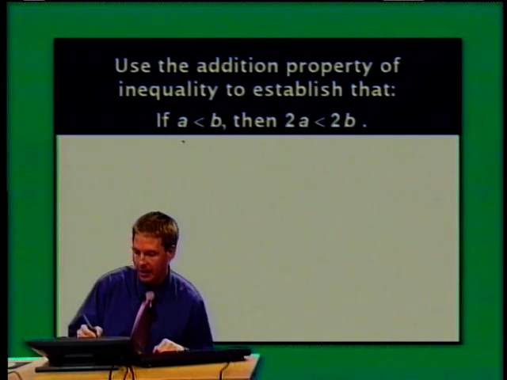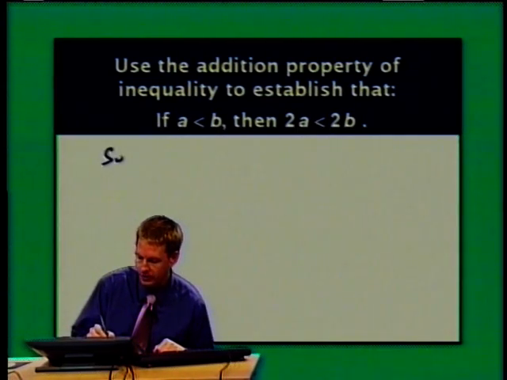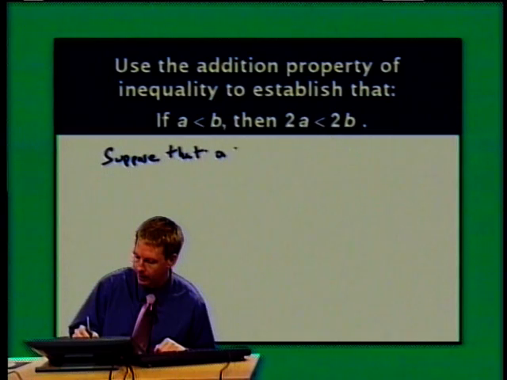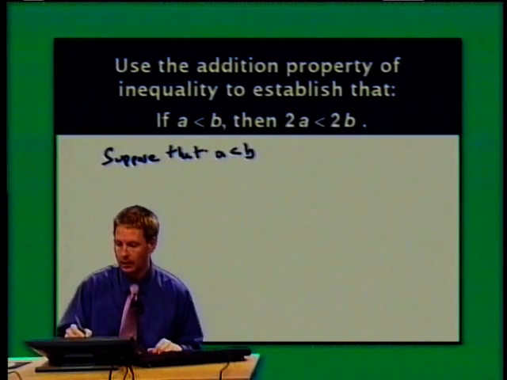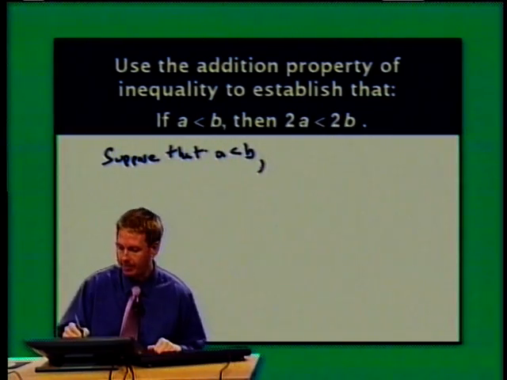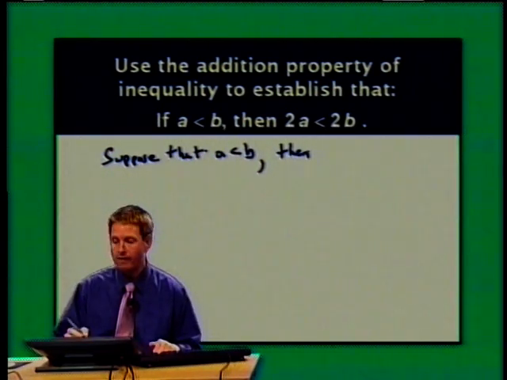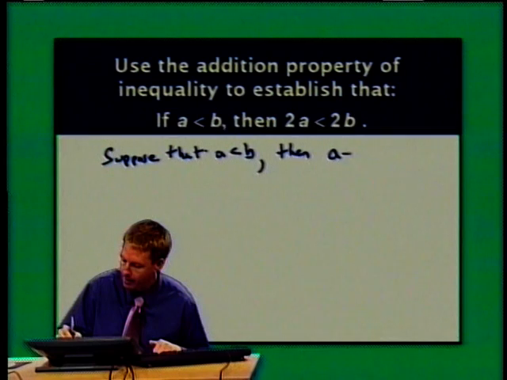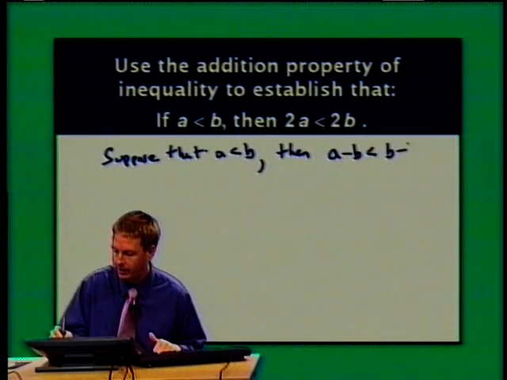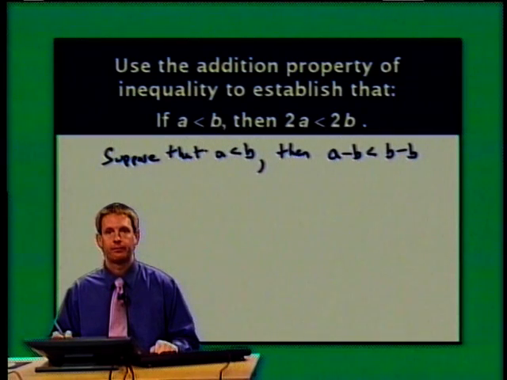So I'm going to start by saying, suppose that a is less than b. Then by the addition property of inequality, it follows that a minus b is less than b minus b.